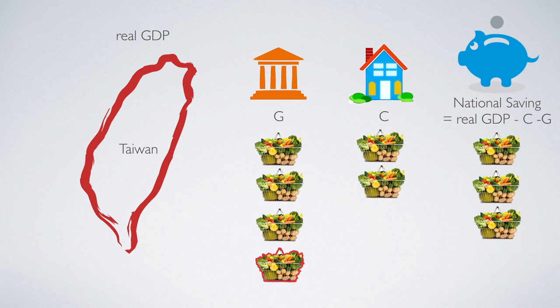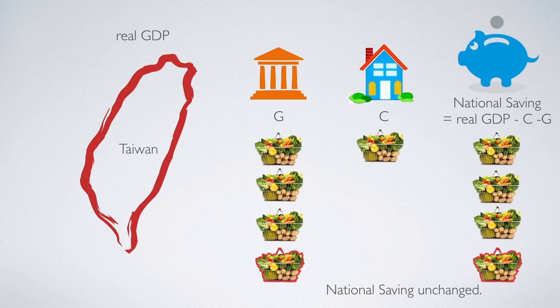When such a 1 basket increase of government purchase is permanent, then consumption actually would drop by 1 basket as well, which means that households are willing to sacrifice 1 basket of consumption every period and put it back into national saving. In this case, national investment would be intact, 4 baskets as before. Therefore, national saving is unchanged and national investment is unchanged as well.